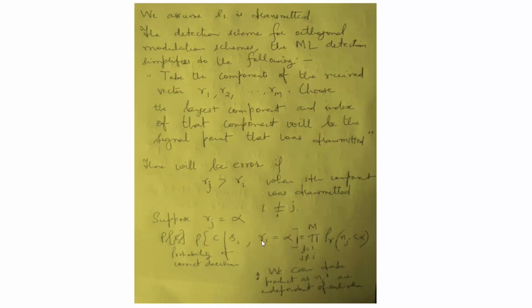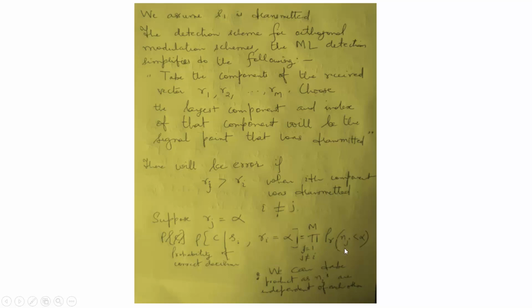Now if Ri is equal to alpha, that means the probability of making the correct decision will be when the received vector Ri is equal to alpha, and for all other points, this can be expressed in terms of the product of the probabilities of all the corresponding points.